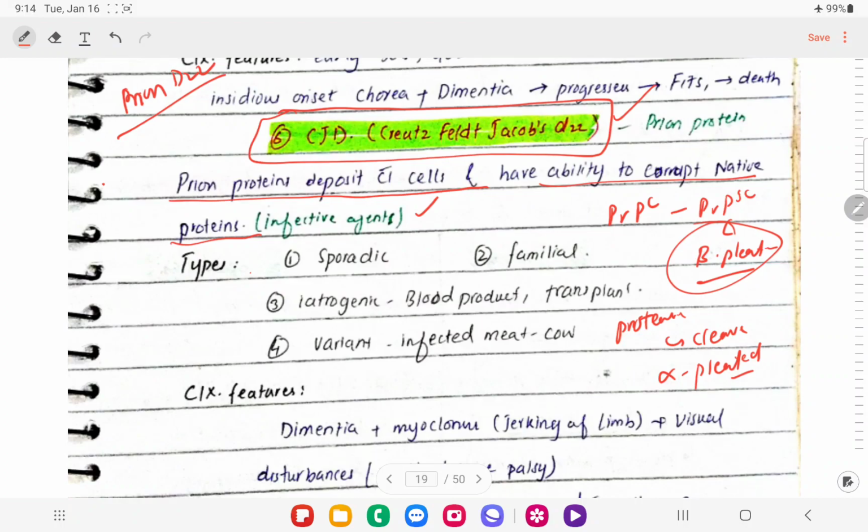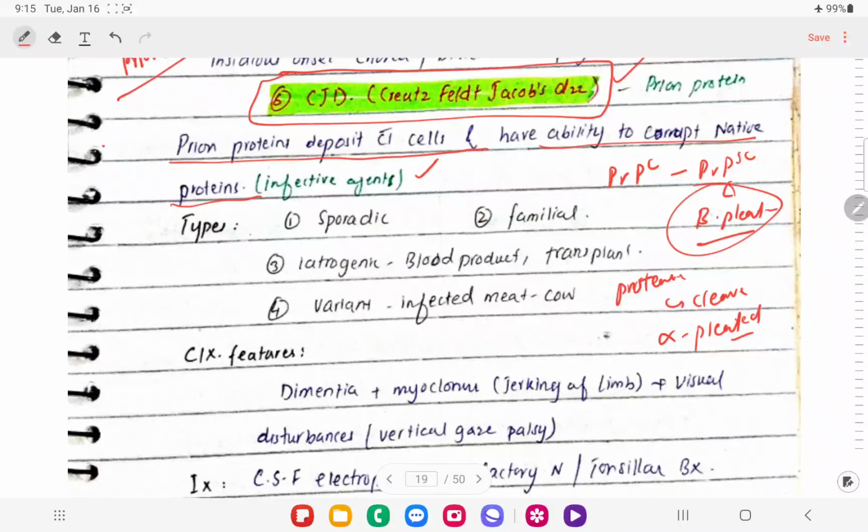If it deposits within our interstitium, this is going to cause amyloidosis. If it deposits between the neurons, this is going to cause Alzheimer disease. And if it deposits within the cells of the brain, within the neuronal cells, this is going to affect the other proteins, and this is going to cause CJD, right?